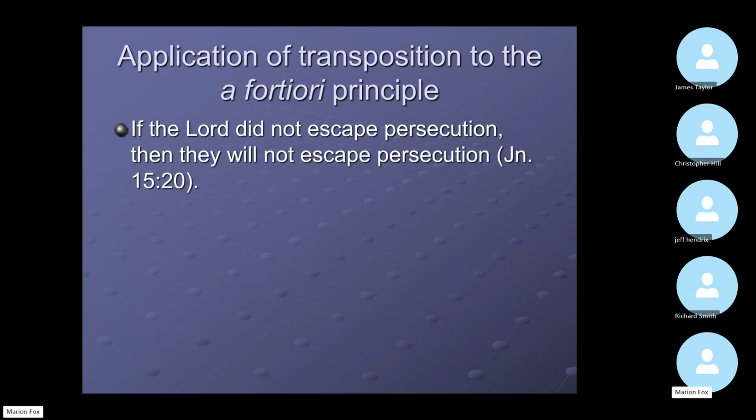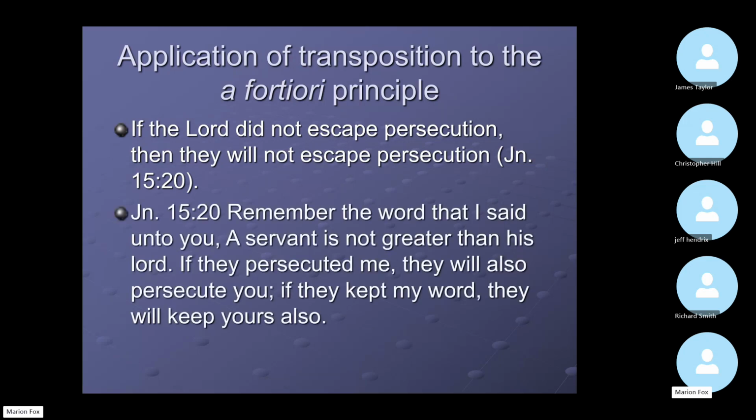In this passage, if the Lord did not escape persecution, John 15:20, we'll look at that in just a minute, then they will not escape persecution. Again, he uses this basic principle in this passage of scripture. "Remember the word that I said unto you, a servant is not greater than his Lord." So the Lord's greater than the servant.